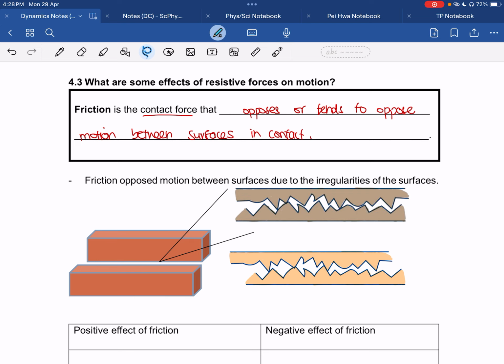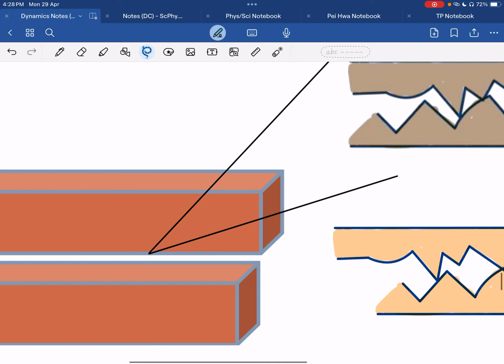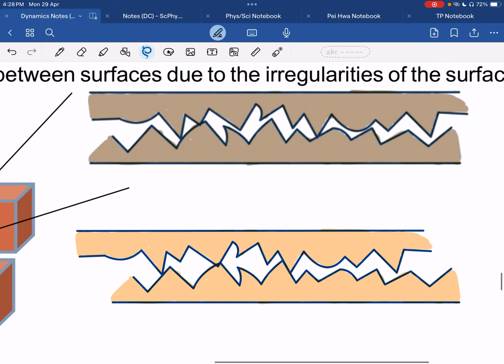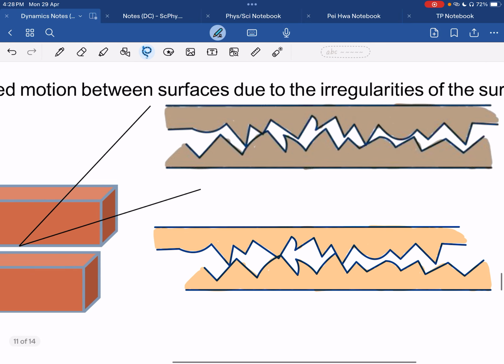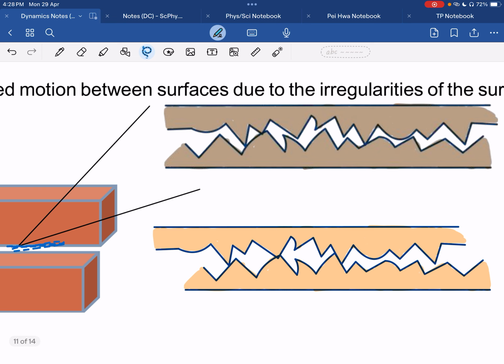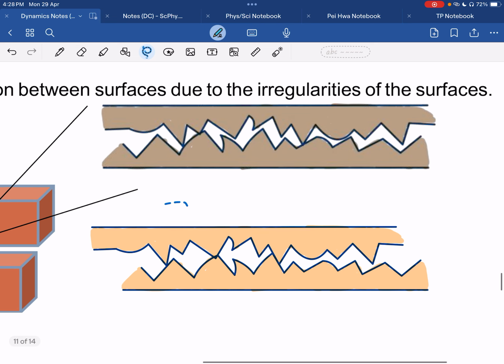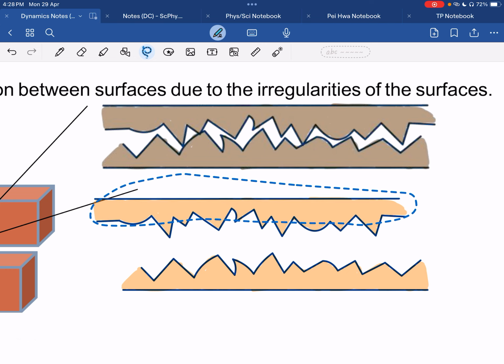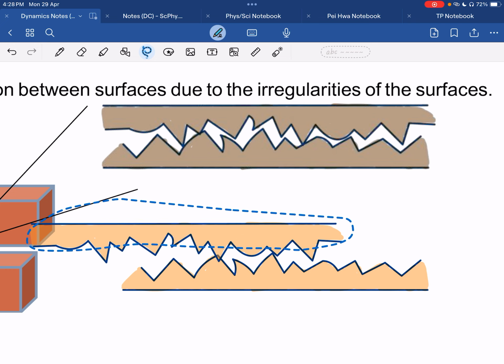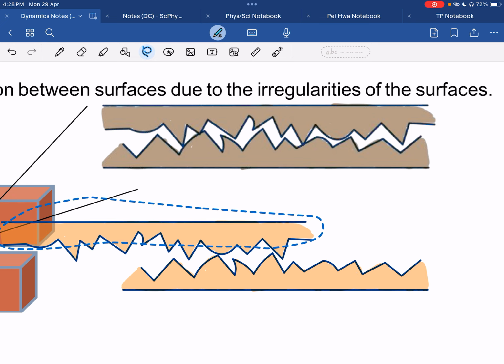If I were to zoom in to each of their surfaces, you will realize that in the real world, they are not as smooth as what you see with your naked eyes. They are actually made out of jagged edges. So for example, this is the block on top. What happens if I move it from left to right across?